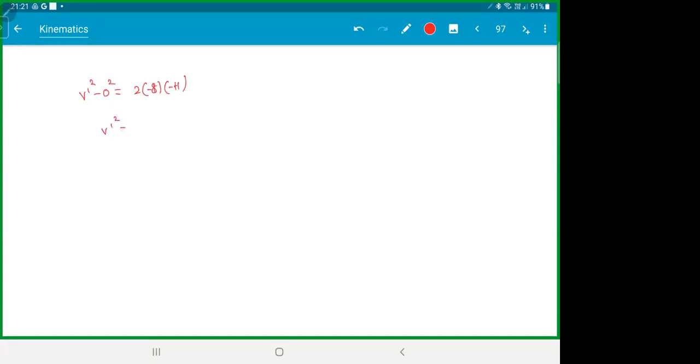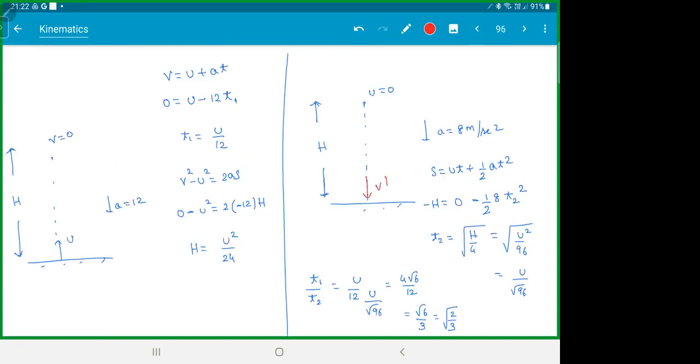So v dash square would be 16 h, and h is u square by 24. So I get v dash equal to root over 2 by 3 u. This is the final speed. You come back to the ground with a speed of root 2 by 3 u. I could have asked you that question also: with what speed does it come back? Please check. It's a good one.